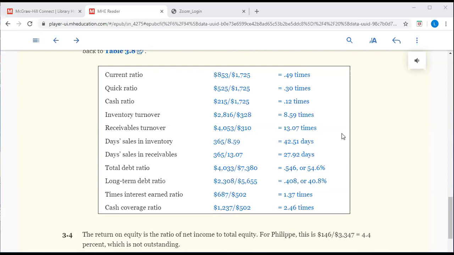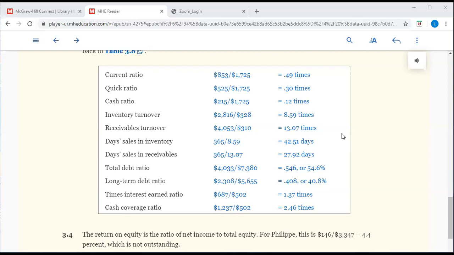And the final calculation is the cash coverage ratio. I'm not as familiar with these as I am the other ones, so just bear with me. Earnings before interest and taxes of 687, and add back depreciation.